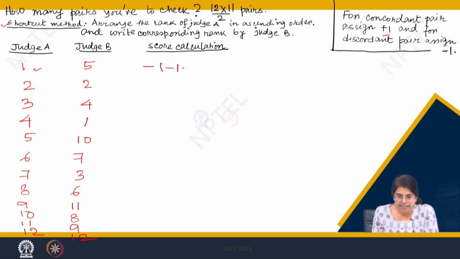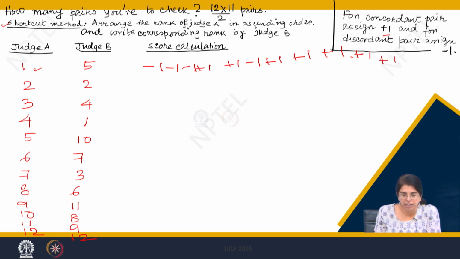So let me write all this score like this: minus 1, and this will be plus 1, this will be plus 1, minus 1, plus 1, plus 1, plus 1, plus 1, and finally plus 1. So what I have done? I have done this comparison, this 2 and 5, 4 and 5, 1 and 5.